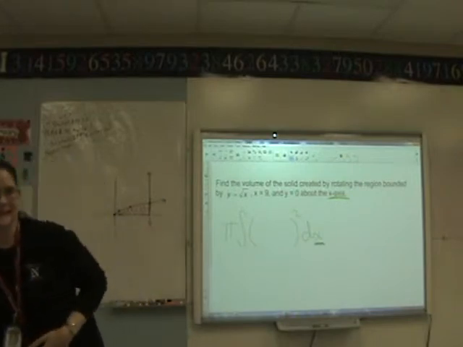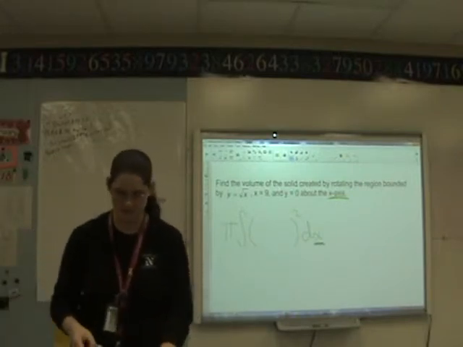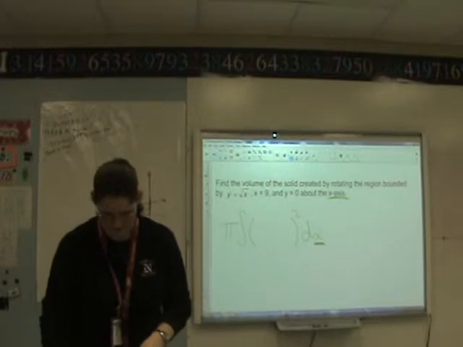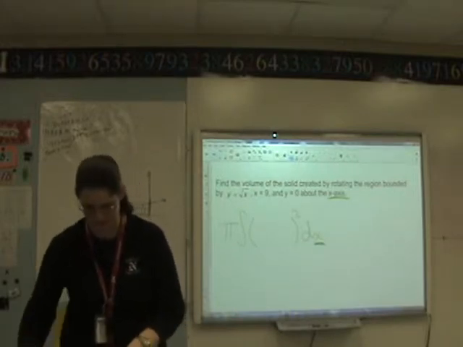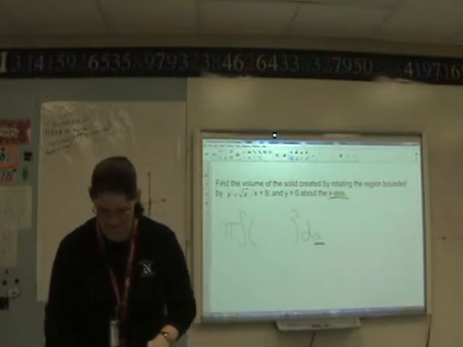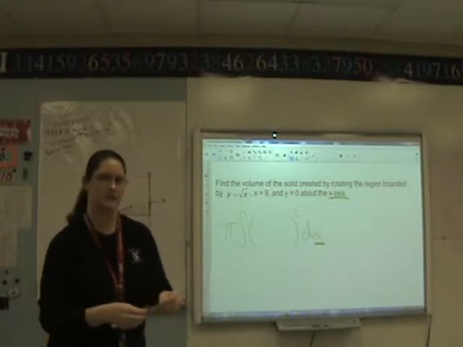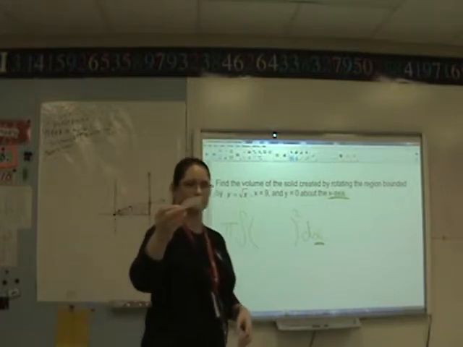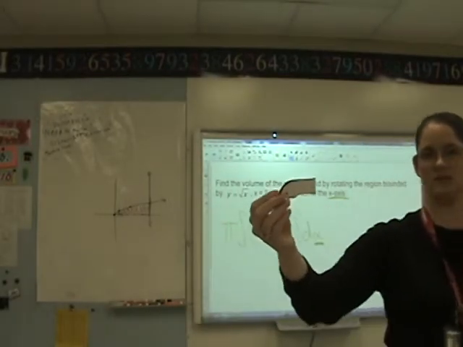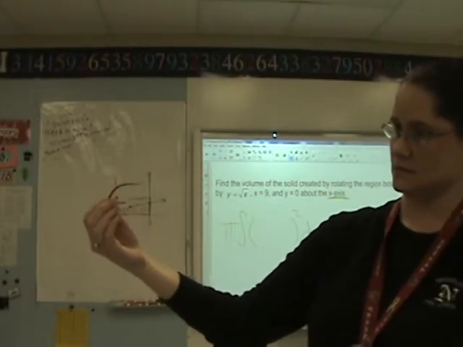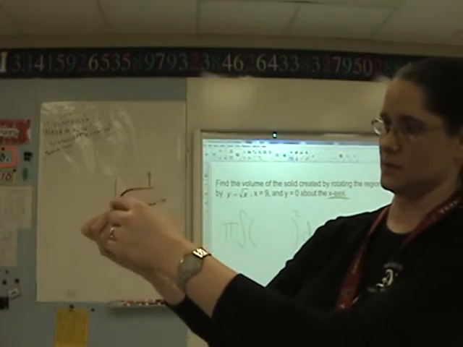Now, you do not have to be able to visualize what it looks like. That is not important, but sometimes it helps. This is very little. I'll come closer to the camera. Think of that as my square root curve.